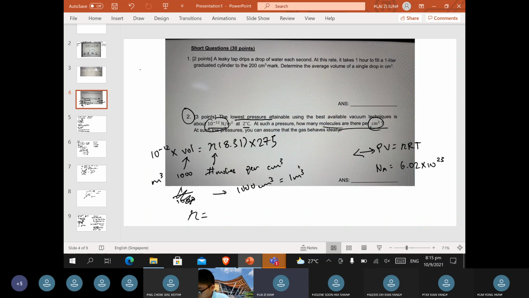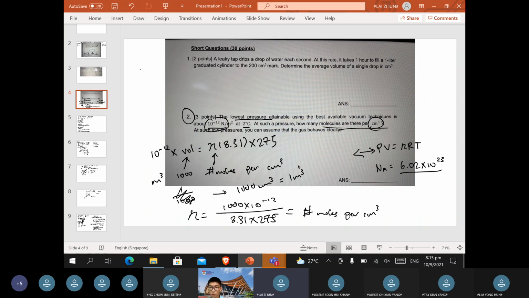Then, of course, we just substitute in the numbers: 1000 times 10 to the power minus 12, divided by 8.31 times 275. This will give us the number of moles per cm cube. And we know that 1 mole has 6.02 times 10 to the power 23 molecules.